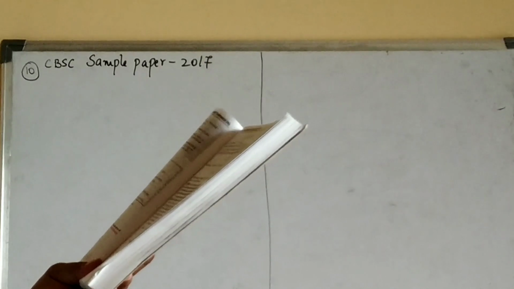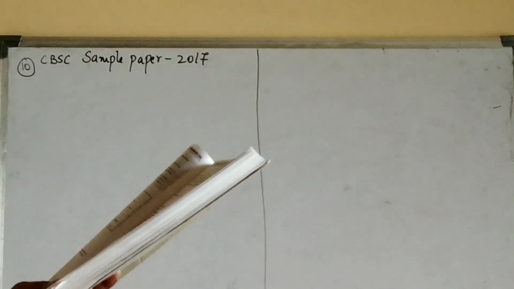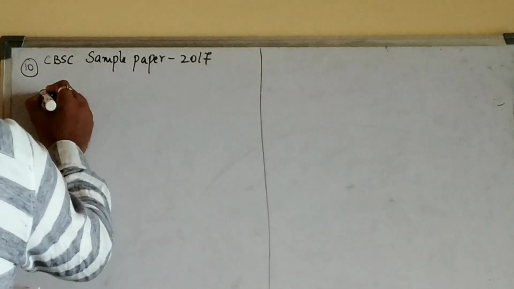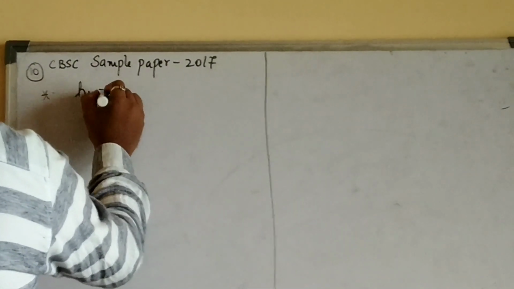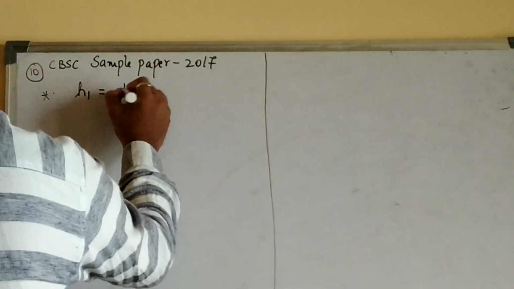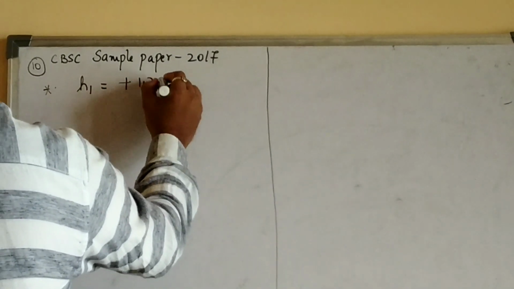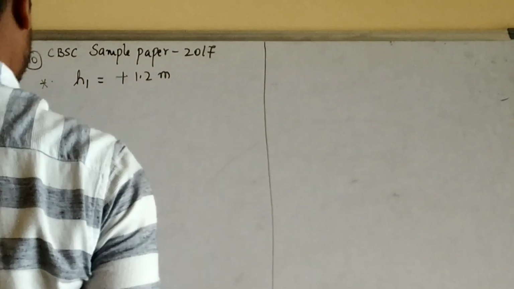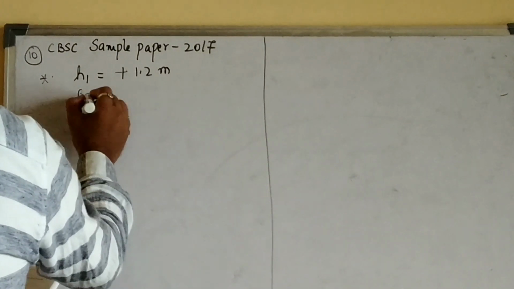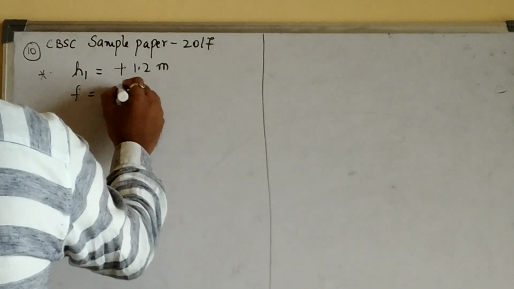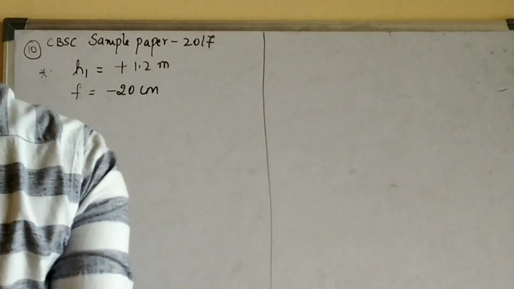Now, the object of height 1.2 meter, given mirror is concave mirror. So, object height, that is h1, is plus 1.2 meter. It is placed before a concave mirror of focal length, that is f is equal to minus 20 centimeter.